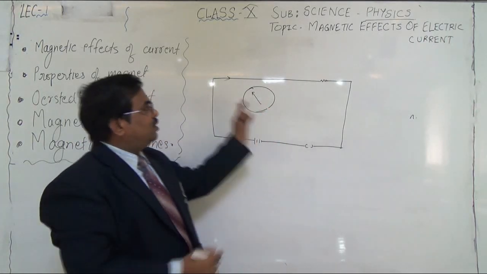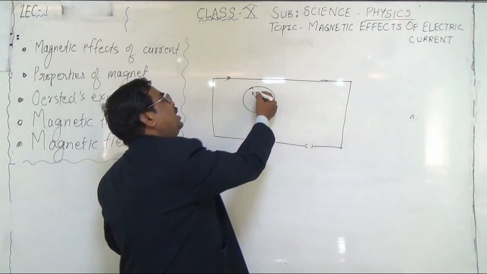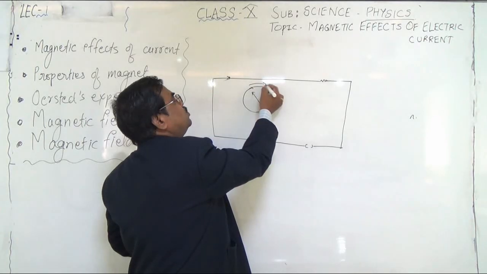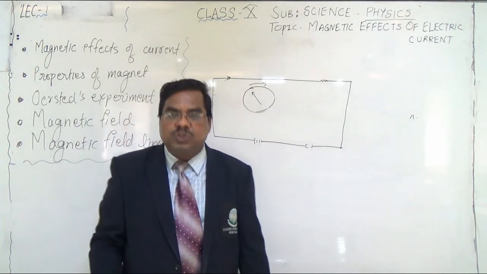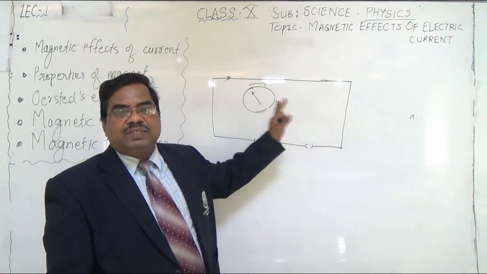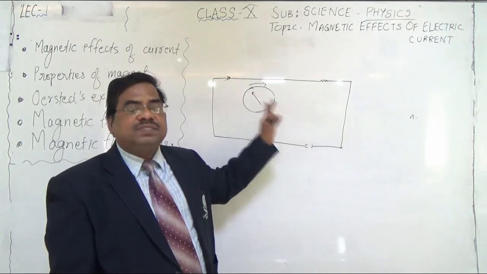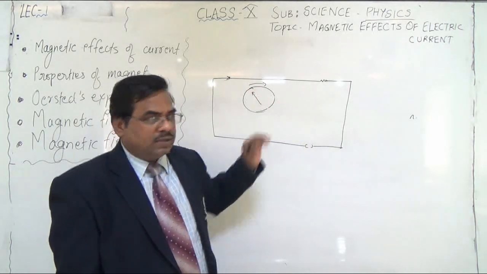Whenever the current was flowing in the wire, the needle of the compass used to deflect. This deflection clearly indicates that there is some new magnetic field.